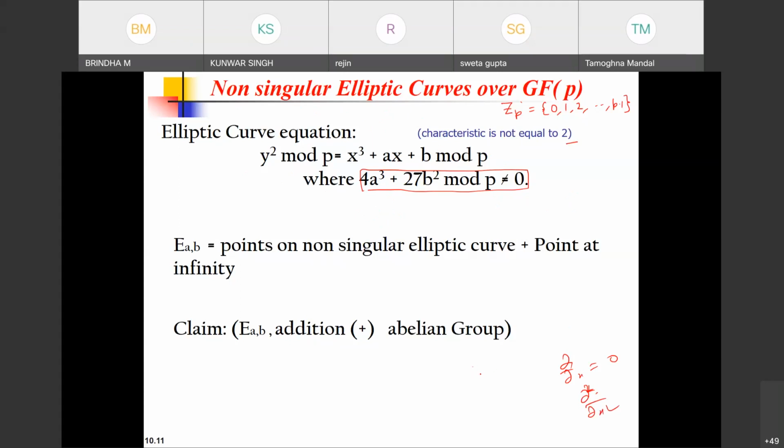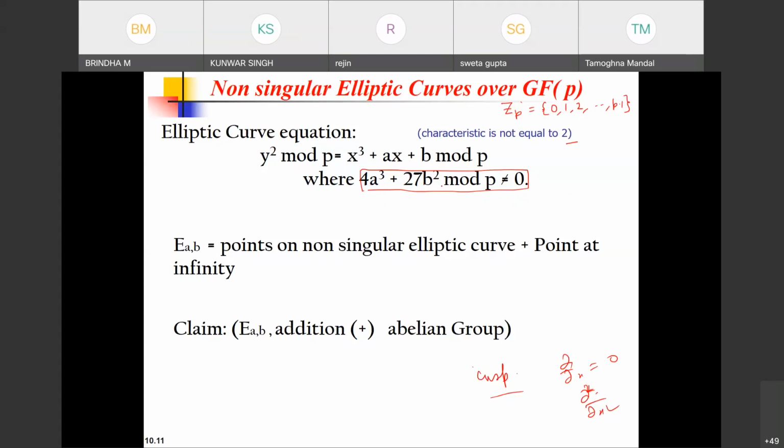You might have seen cusp kinds of things. They don't want the singular points, because singular points are vulnerable to some kinds of attacks. They want only non-singular elliptic curves.